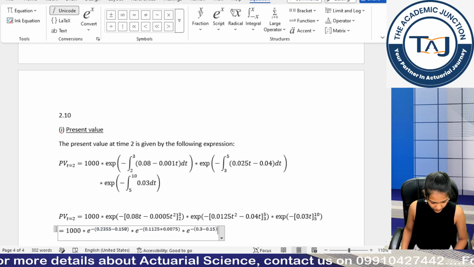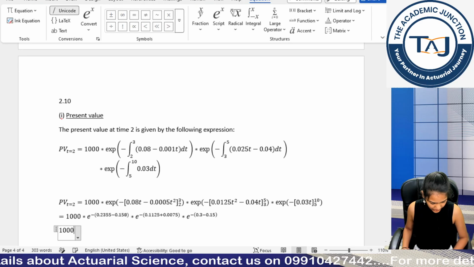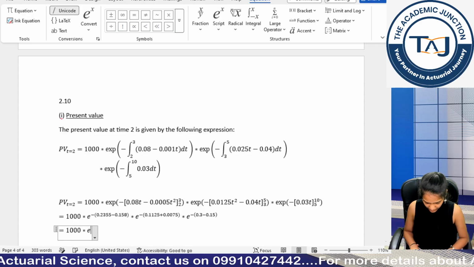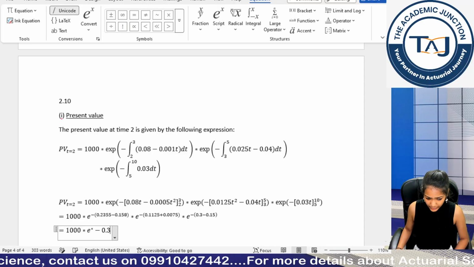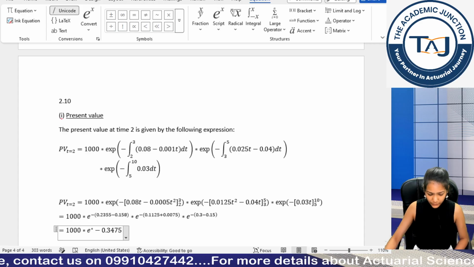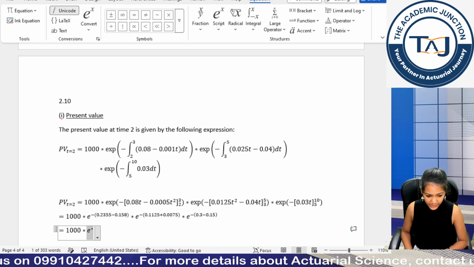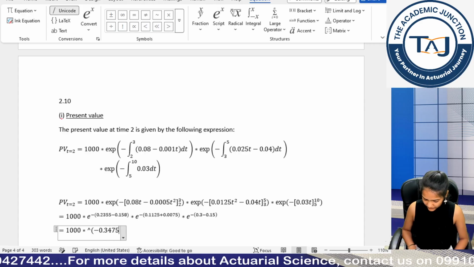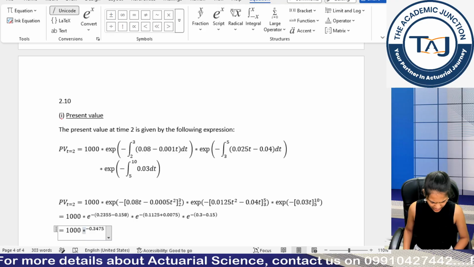Cool. Now this solves as 1000 star e raised to the power minus 0.3475. Okay. Oh, I missed the power sign, right? So minus 0.3475. I missed the e as well.